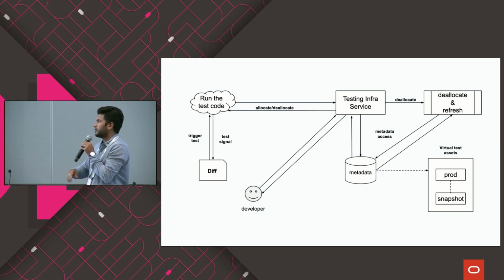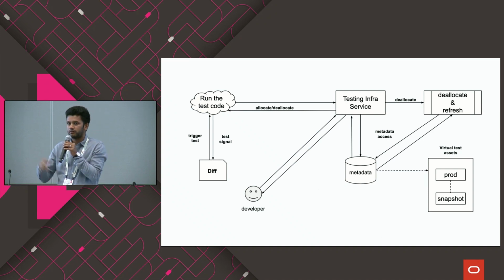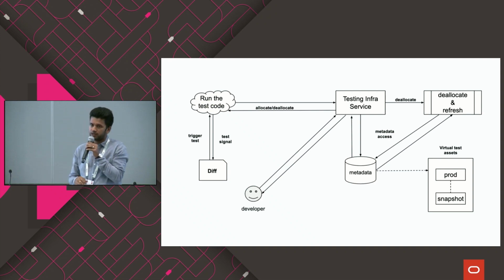You can say, hey, reserve me this asset for 12 hours or 24 hours, and I want to play around with it. All of these test assets have all the prod packages, all the prod-like setup, but it is isolated, so you're not breaking production, you're just playing around there and testing your changes very well.